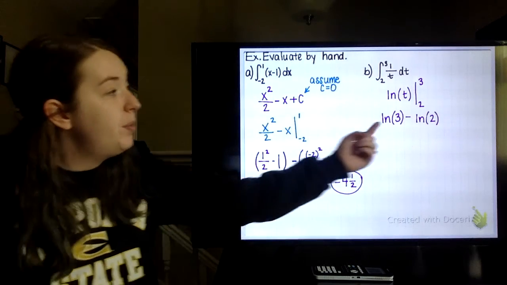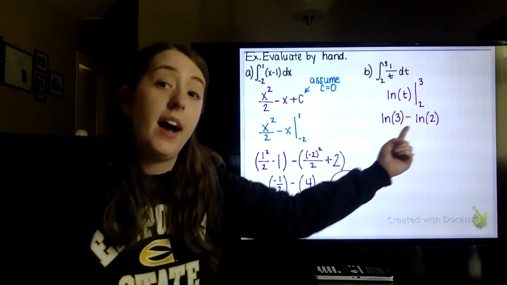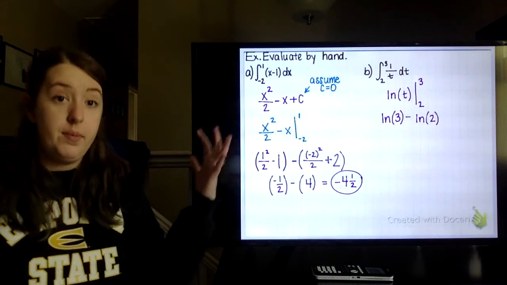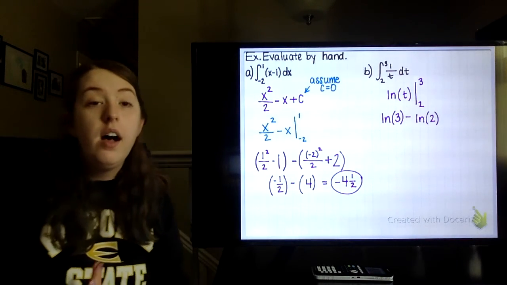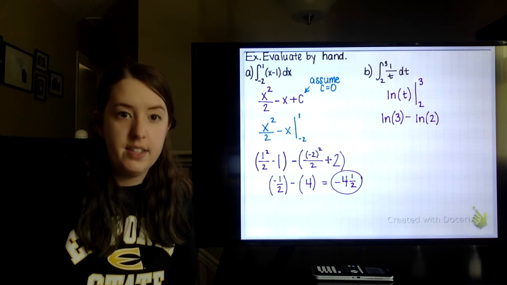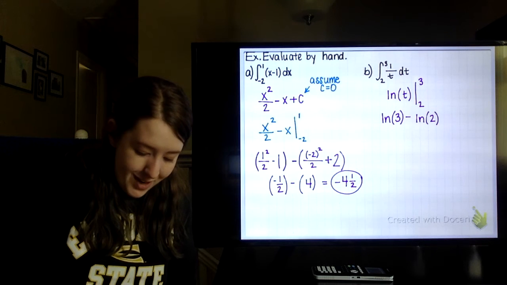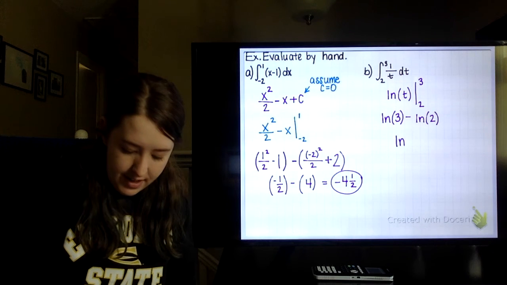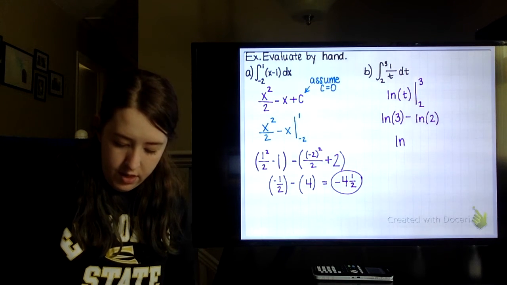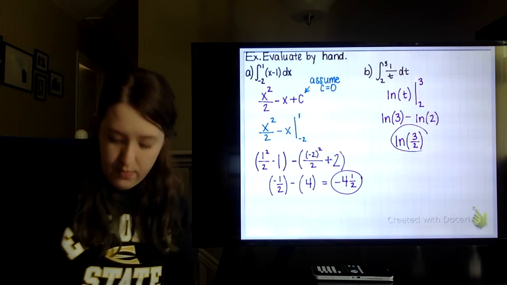When we subtracted the logarithms, that meant we were supposed to divide the stuff inside the logarithm to make it one logarithm. A lot of times they only want the most exact answer instead of something like this. So a better answer here would be the natural log of 3/2. And that would be my answer.